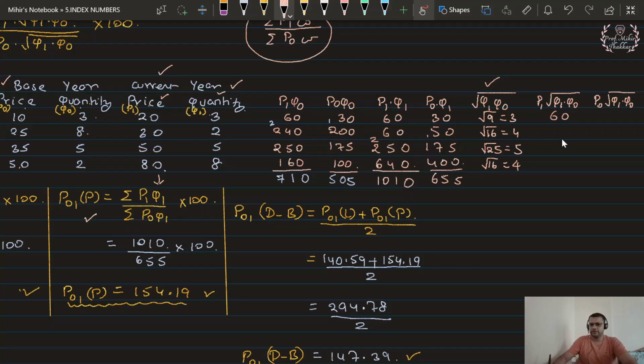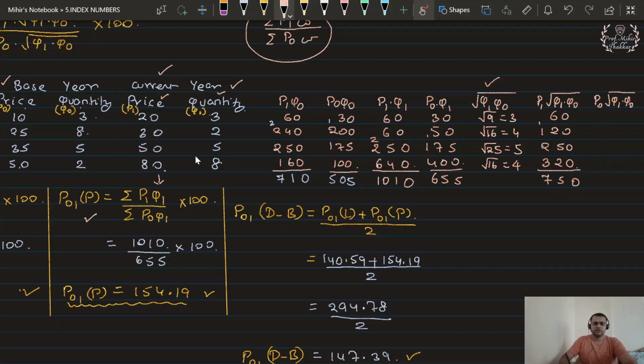Again 30 into 4, 120. 50 into 5, 250, and then 80 into 4, 320. We have to take the total of this column, and I get the numerator value as 750.